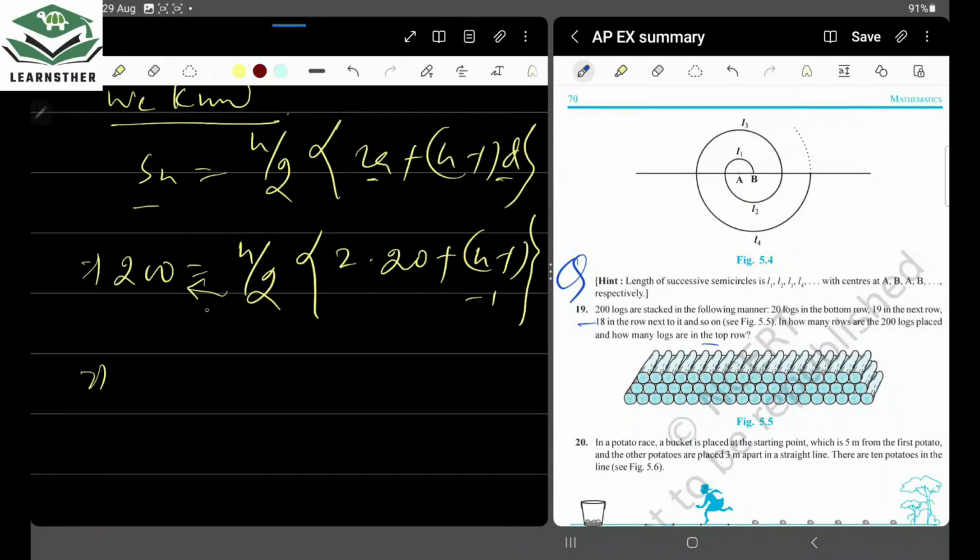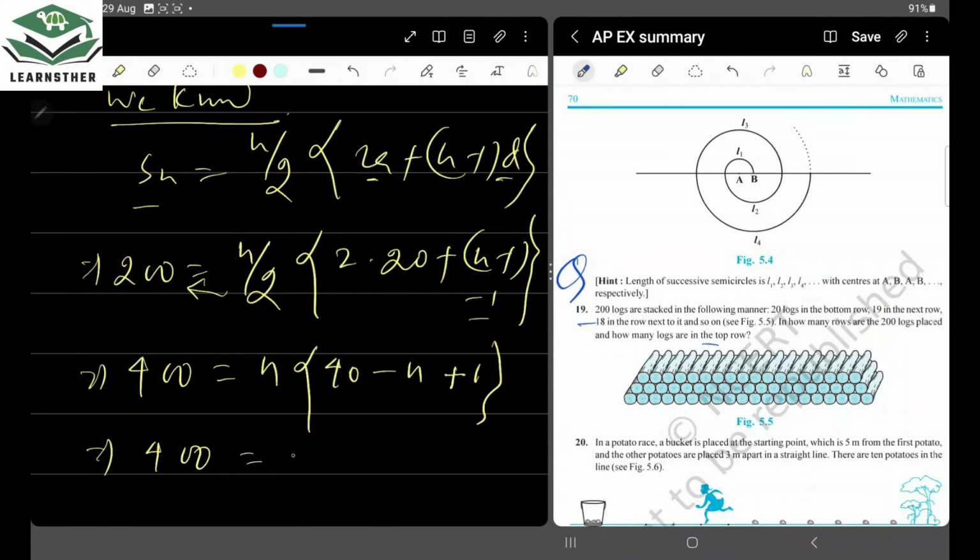So you can multiply this, this will become 400 and this will become 40. When we multiply with minus 1, it will become minus n, minus minus plus 1.